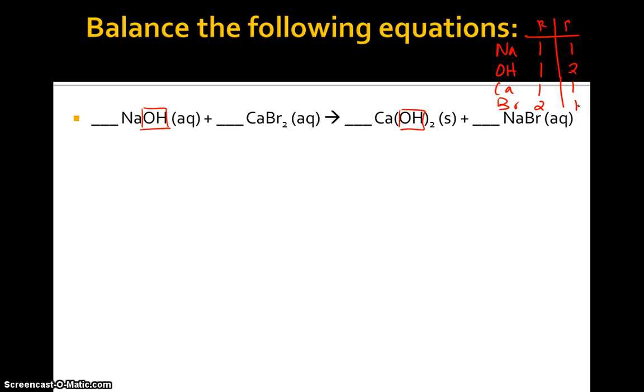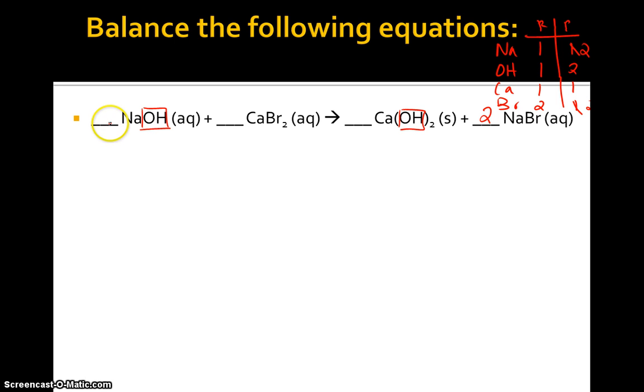So if we look at our inventory, the places that were not balanced are in our bromines and in our hydroxides. So I'm going to balance my bromines first. I've got 2 on the reactant side, so I want 2 on the product side, so I'm going to put a big 2 in front of my reaction. So now I've got 2 Brs on my product side, but I also now have 2 Nas.